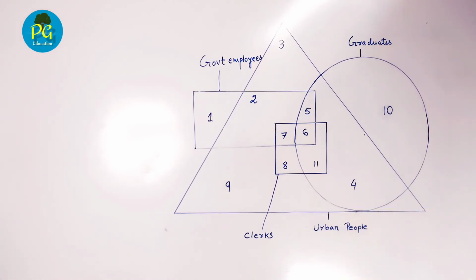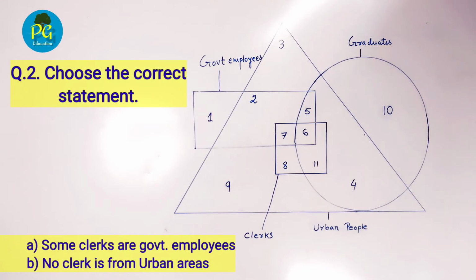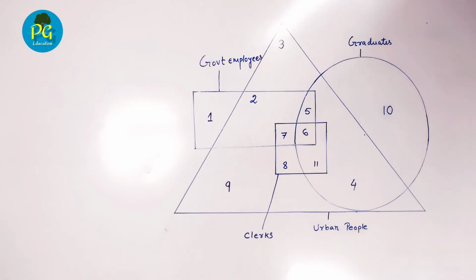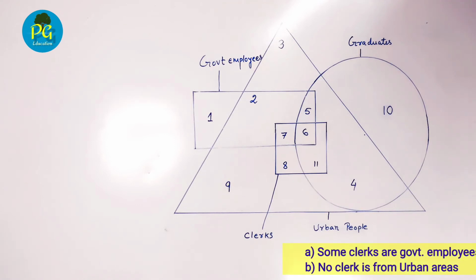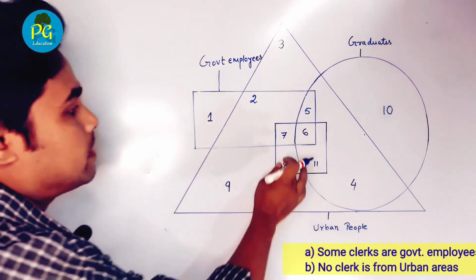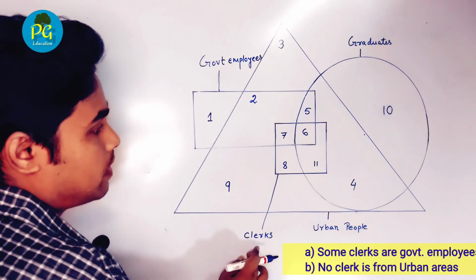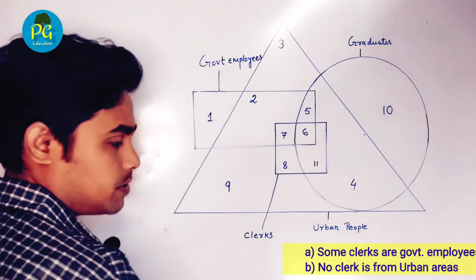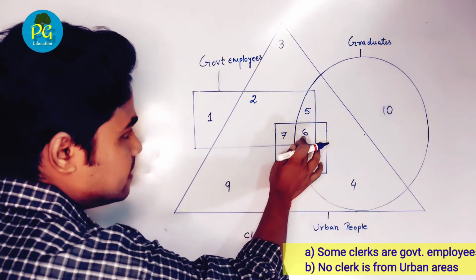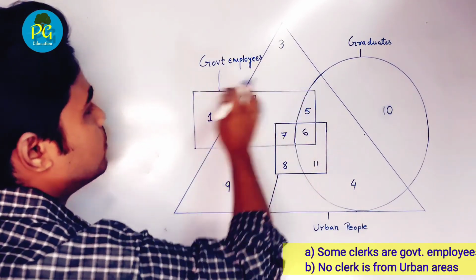Next question. Choose the correct statement. A. Some clerks are government employees. B. No clerk is from urban areas. So let us check. Some clerks are government employees. Here you see 7, 6, 8, 11 are clerks. Also, among these 4 numbers, 7 and 6 are government employees.